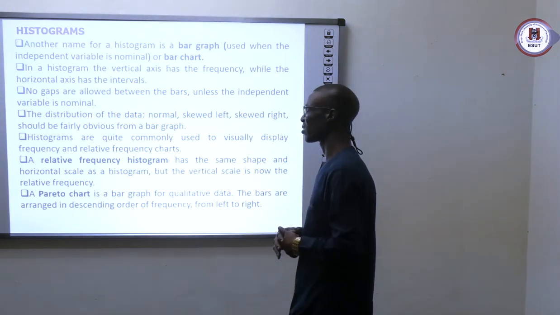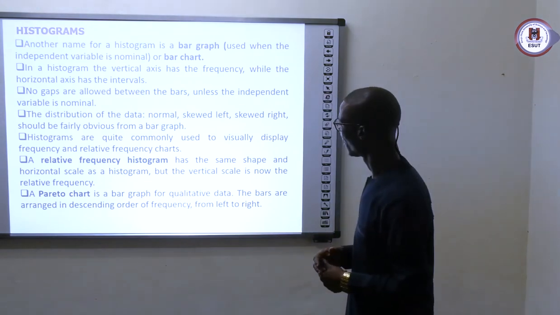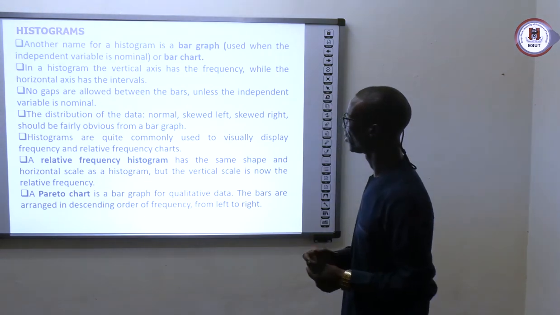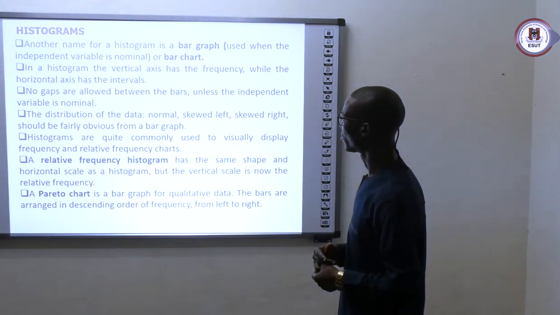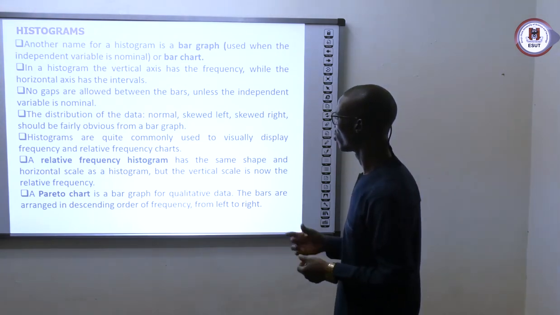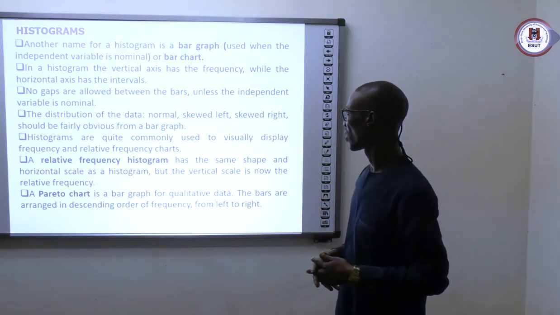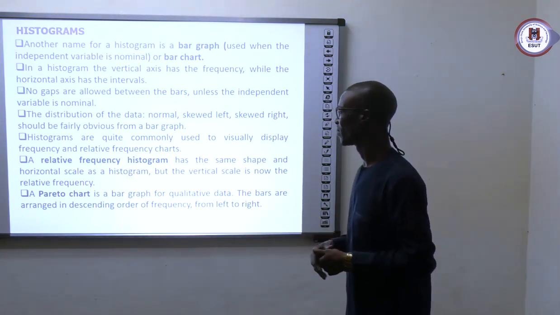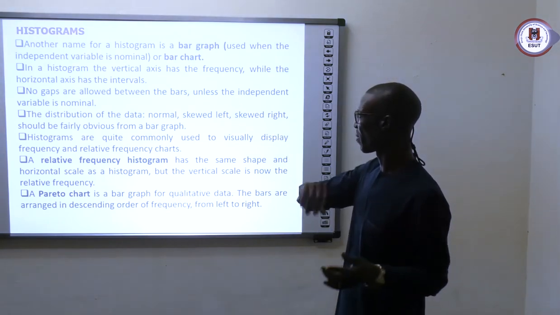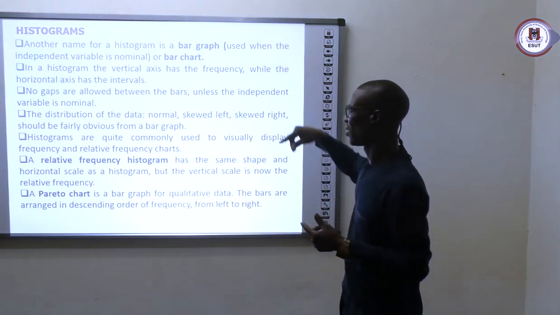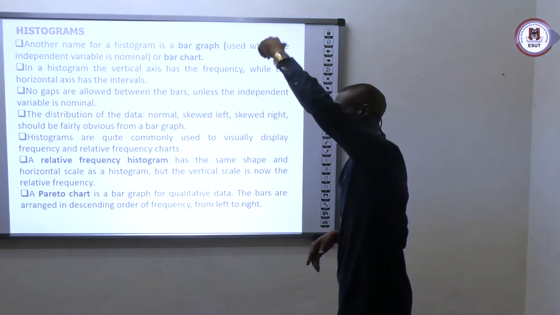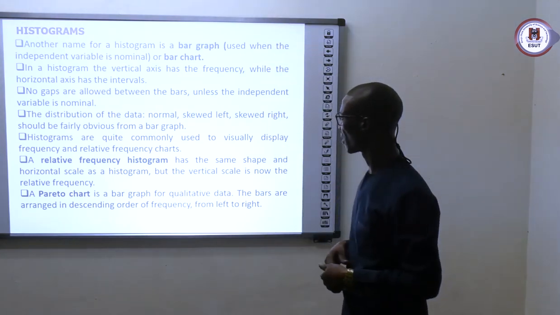Histogram is one of the types of graphs that we use for data presentation. A histogram is just a bar graph where we use dependent variables in a normal chart. So we have bar chart, we have histogram. A histogram is a bar chart that has a line that stresses the peaks of those bars.